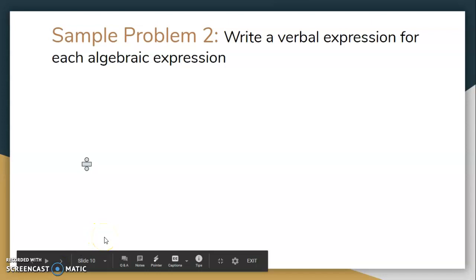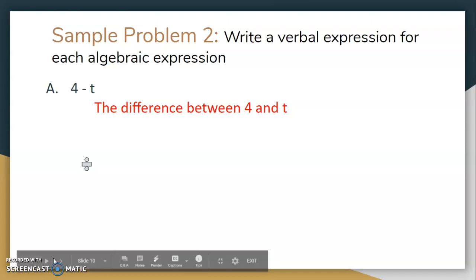So write a verbal expression for each algebraic expression. So 4 minus t. So the verbal expression would be the difference between 4 and t. Because difference means minus.